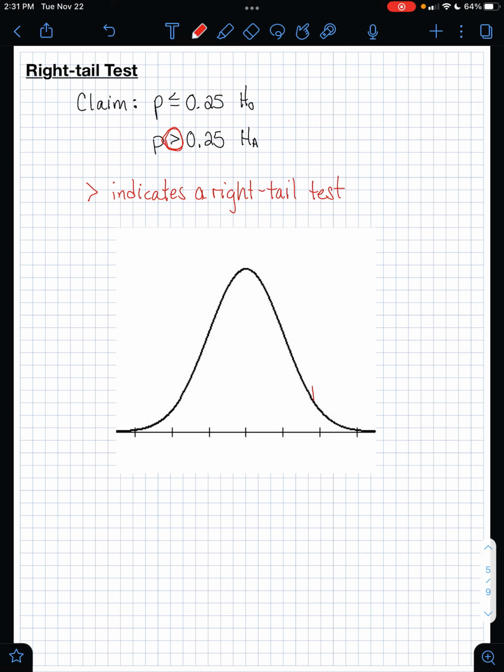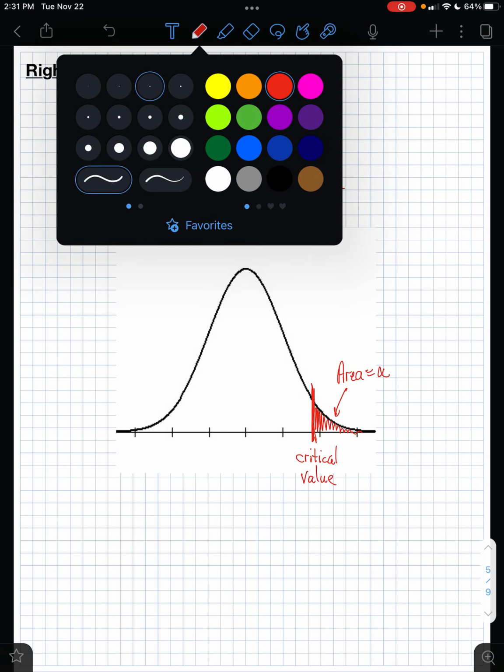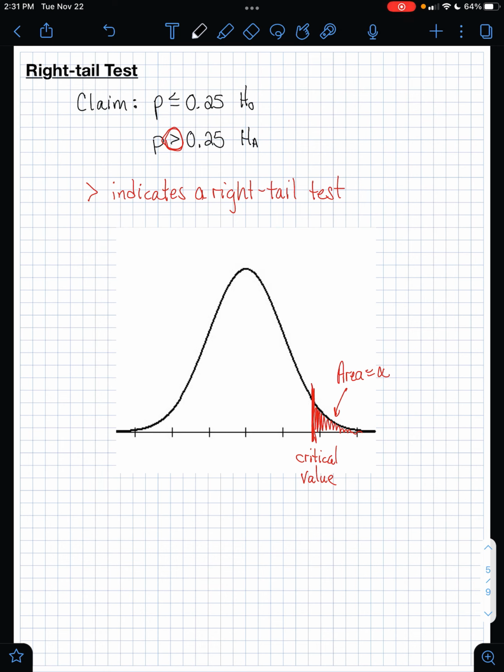Very much the same as a left tail test, except this time everything's happening on the right side. So we will have some critical value, and beyond that critical value in this tail, that tail has an area equal to our level of significance. And again, if we look at what the statements of H sub 0 and H sub A are saying, H sub 0 wants us to have a small probability.